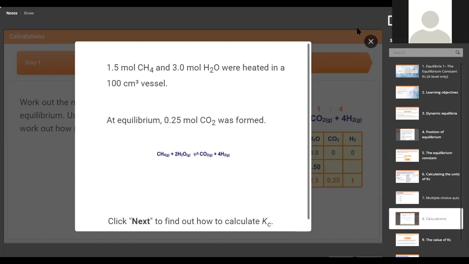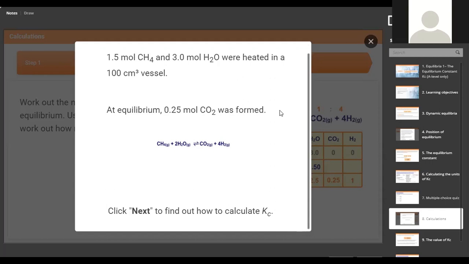And we've got the equation. Let's scroll down so you can see it. CH4, which is our gas, plus 2H2O goes to CO2 plus 4H2. So what we're going to do is work out the equilibrium constant.